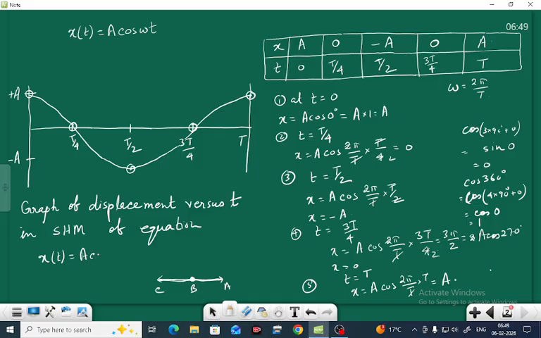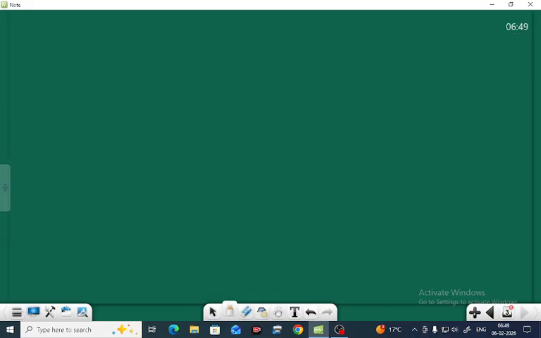So here we find the graph of displacement versus time for the equation A cos omega t, right? Now we find the graph of velocity. You see here what type of value we are going to get. So x is equal to A cos omega t.